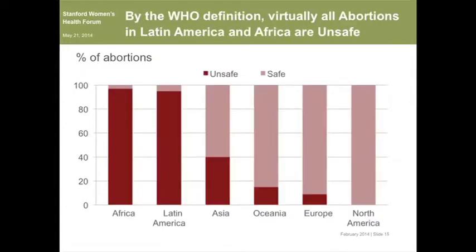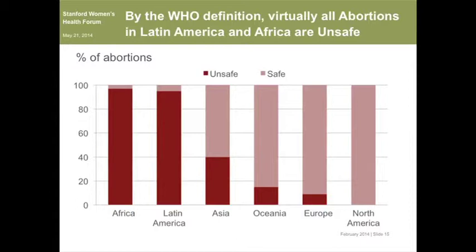Now, by the WHO definition of unsafe abortion, which is a termination of a pregnancy performed by someone lacking the minimal medical training or in an environment lacking the minimal medical standards, or both, by that definition, virtually all of the abortions that occur in Latin America would be considered unsafe.